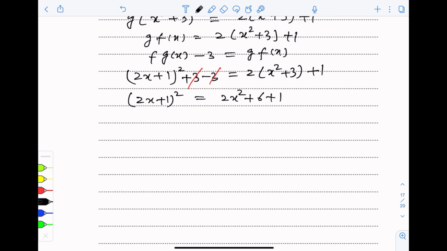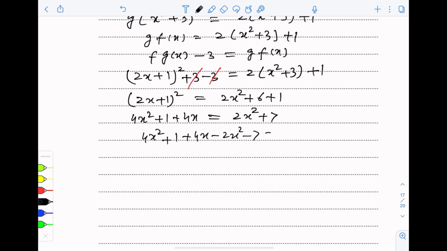Expanding it, expanding the left hand side by using the identity, 4x square plus 1 plus 4x is equal to 2x square plus 7. 4x square plus 1 plus 4x minus 2x square minus 7 is equal to 0. This becomes 2x square plus 4x minus 6 is equal to 0.